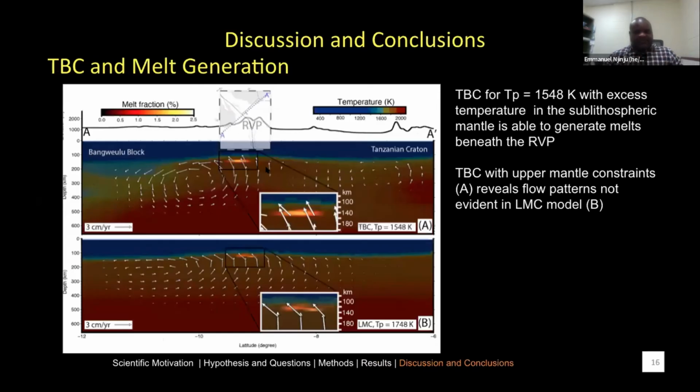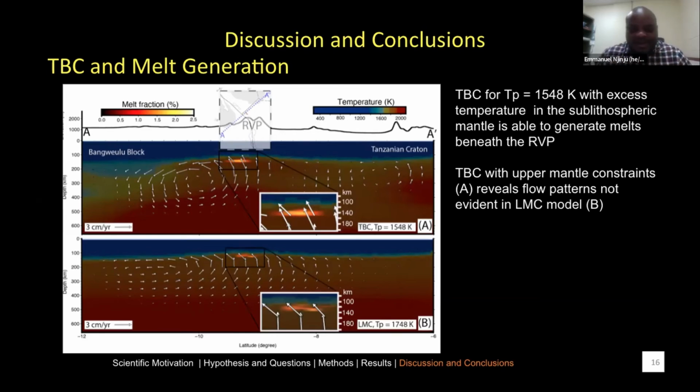So this figure shows, in the top panel, our tomography-based convection and melt generation. I'm comparing the top panel with the lower panel, which is our melting model for lithospheric modulated convection without upper mantle constraint.